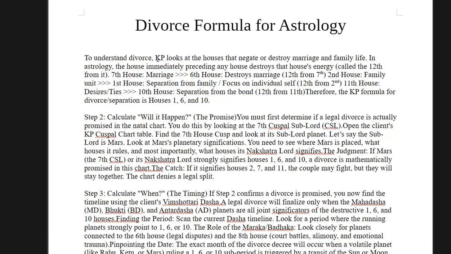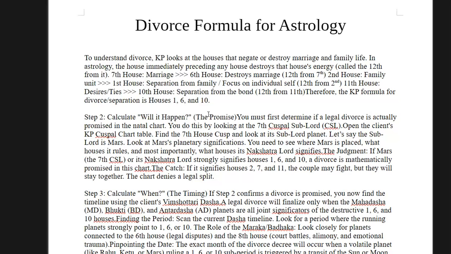Marriage houses are generally speaking going to have a lot to do with the 7th, the 11th, also the 3rd or 2nd house. It can actually be the first as well. The first is not just a separation house, but that's more nuanced and detailed, something that we could cover later. For now, the important part is the formula.